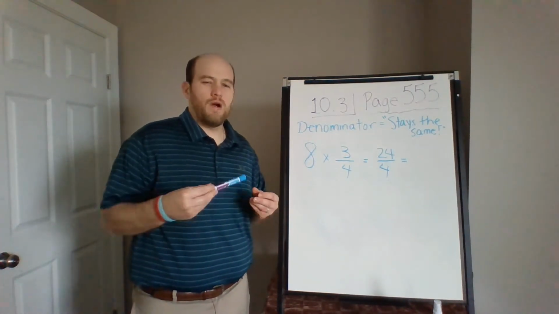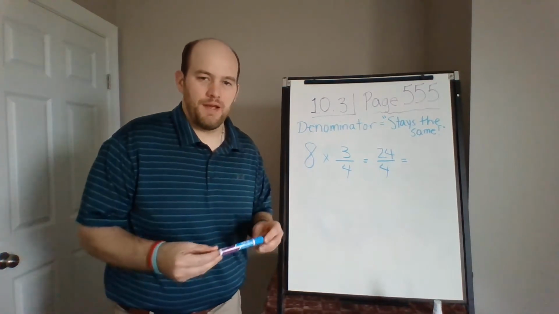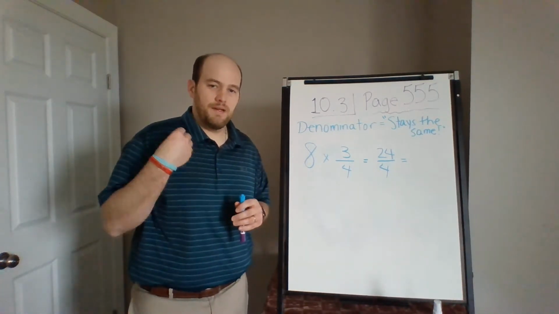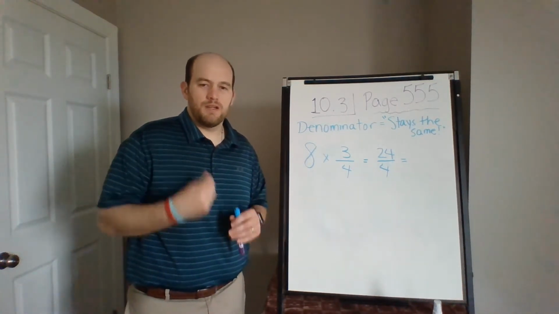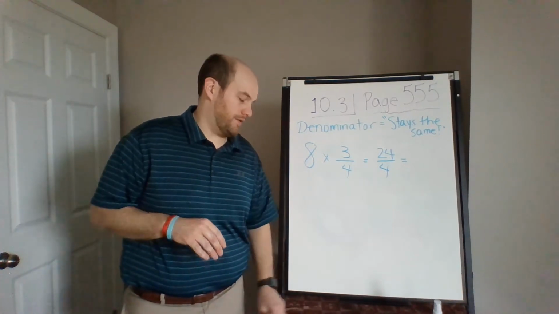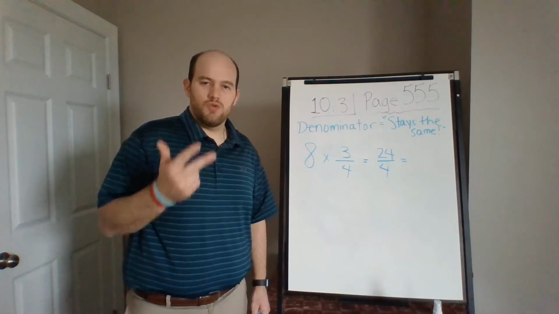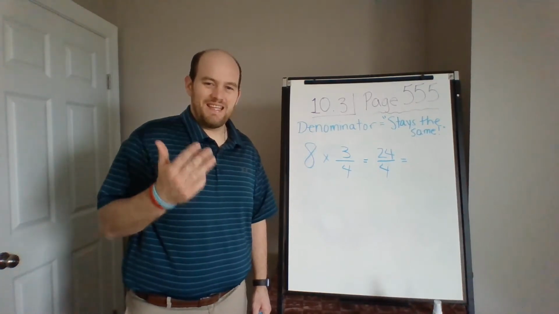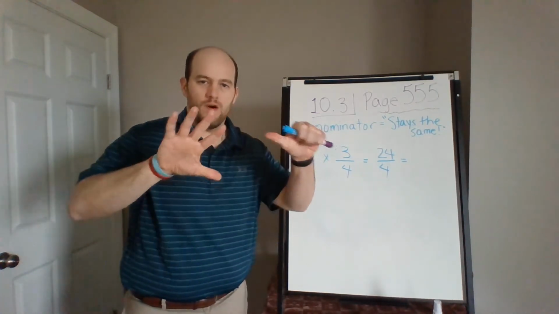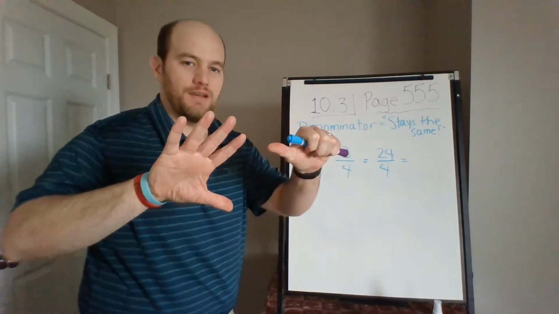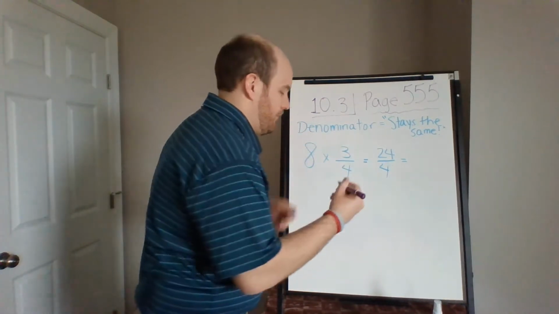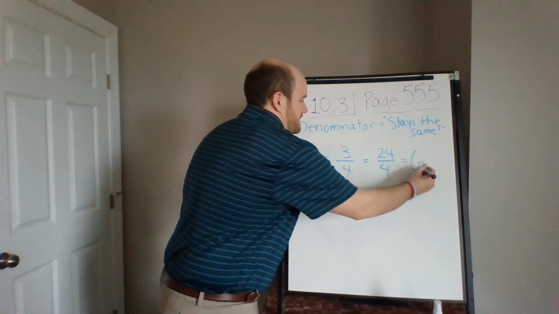This is why we have to be very good at our math facts. I'm going to count by 4s, and you tell me to stop when you hear a certain number. 4, 8, 12, 16, 20, 24. Stop. If you looked, I had 6 fingers.